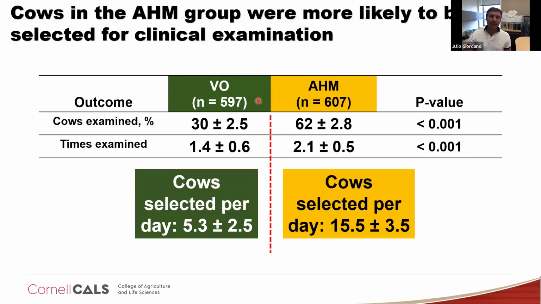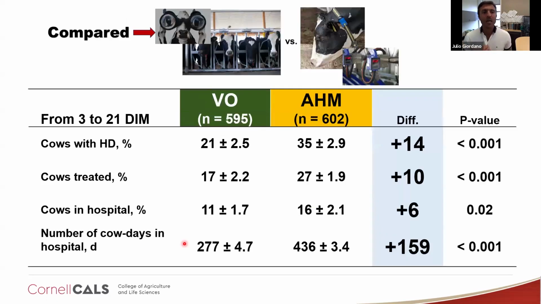And just to give you an idea, in this farm where we did the trial, about 5 cows on average were selected for a clinical exam based on visual observation versus almost 16 cows for the automated group.